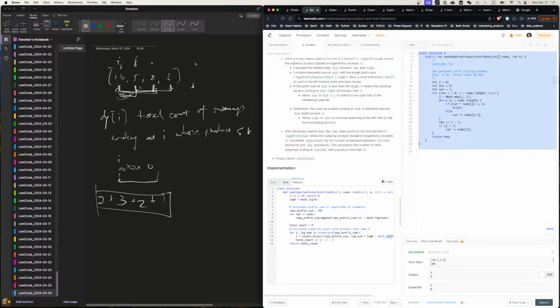I think this minus 1, I'm not quite understanding why we need to minus 1. Because J, we bisect, right? We bisect, we binary search. It's a log num plus log k minus this. So it's something slightly smaller, right? Something slightly smaller. So we'll bisect search this. So now we get what it is.